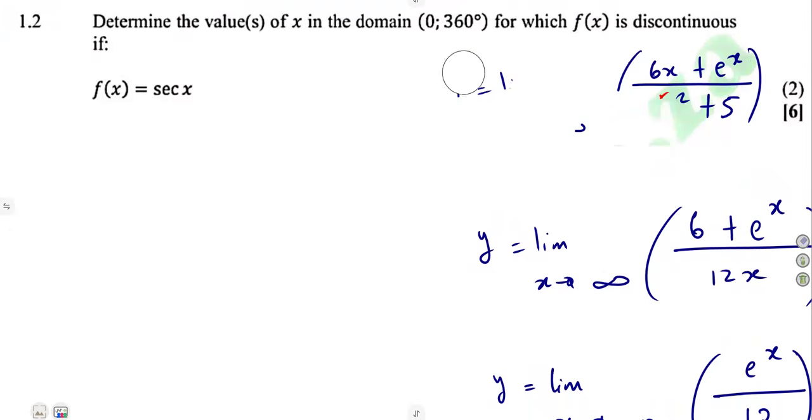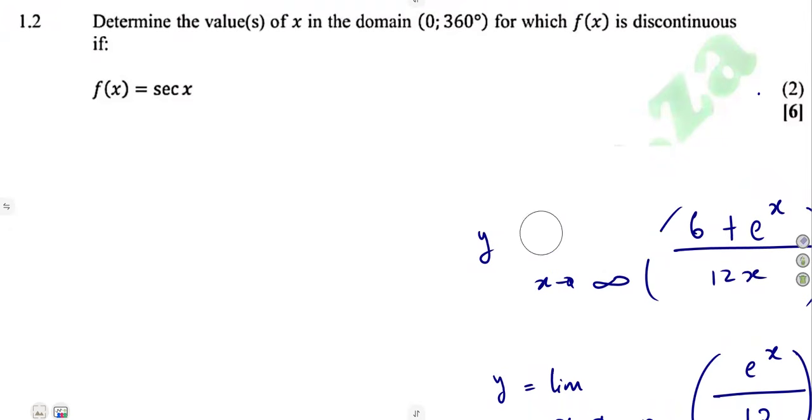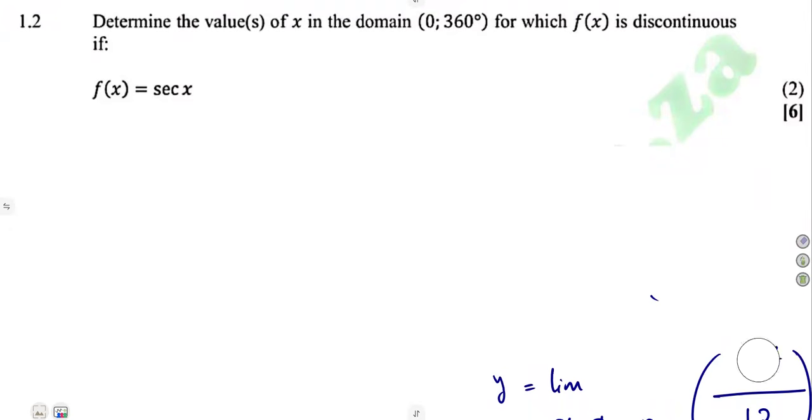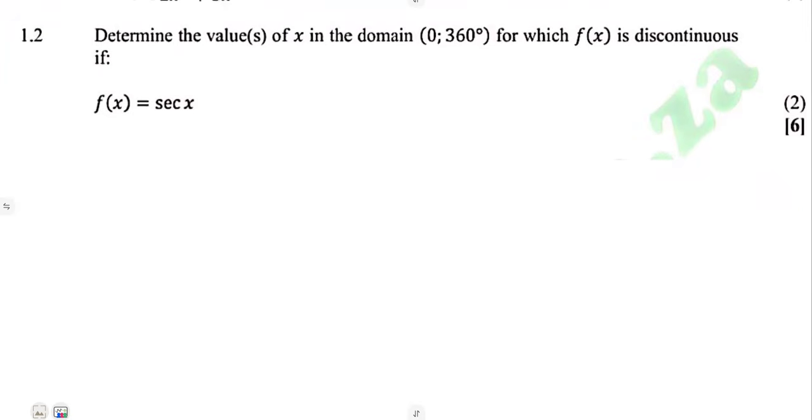All right, let us continue to question 1.2, which is given to determine the value or values of x in the domain 0 to 360. Our angle or our answer must be taken within the given domain, for which f of x is discontinuous.